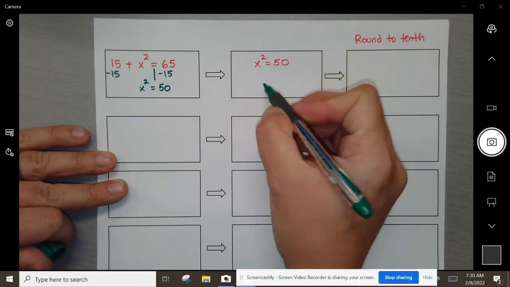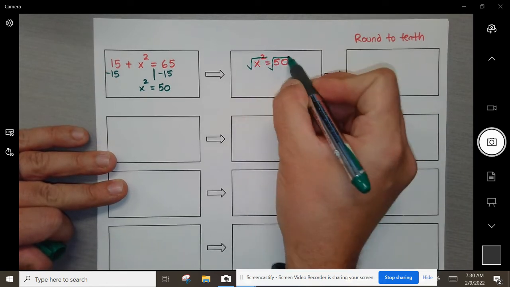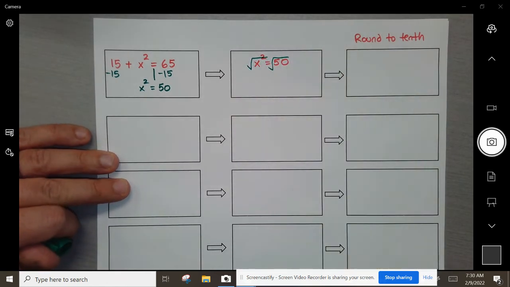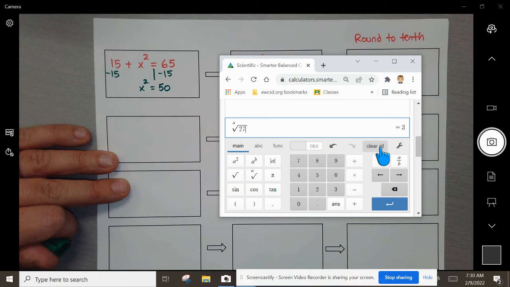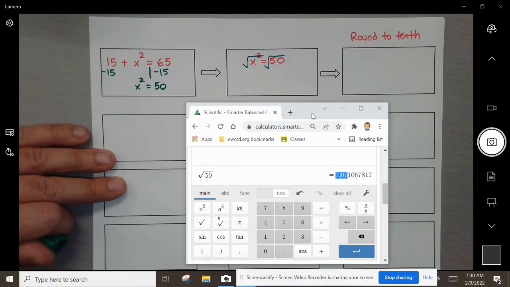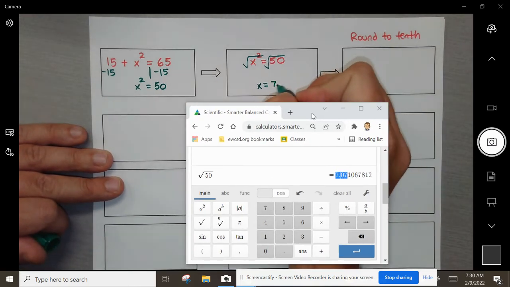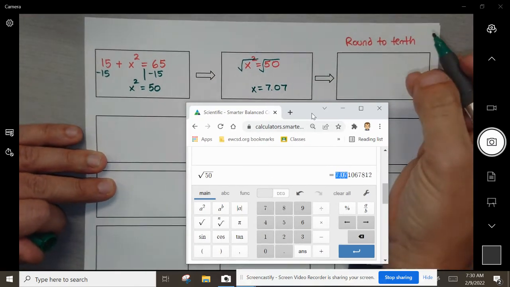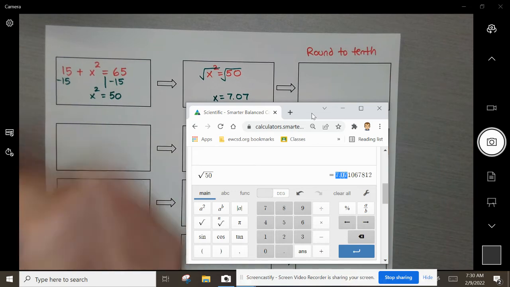To get rid of the squared, I would square root both sides, and I would get the calculator involved. We're not doing cube roots anymore, clear all. I'm going to go square root of 50, and I would get 7.07. I have no problem with you writing that down, 7.07. So here it's going to be x equals 7.07. Now in this box, you could write that out, 7.07.